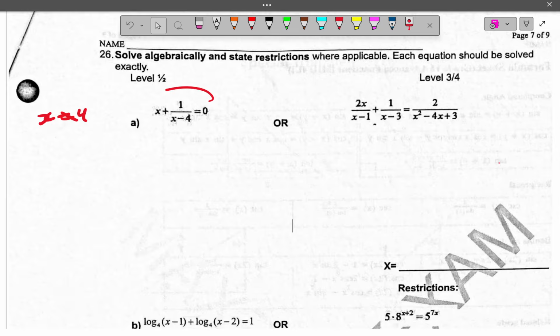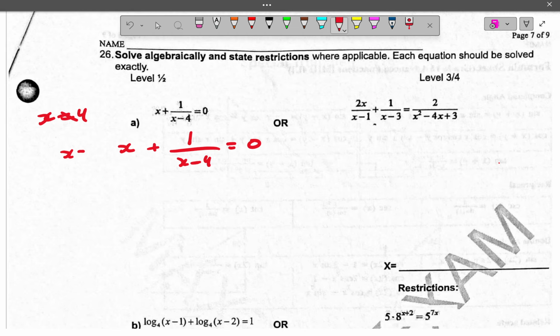And then as it is, it's quite awkward to solve. So what we have to do is multiply everything by x minus 4 to get rid of that in the denominator. So multiply each term by x minus 4 on the left and right side. I'll get x minus 4 just being multiplied to everything, and then on the right will stay 0.